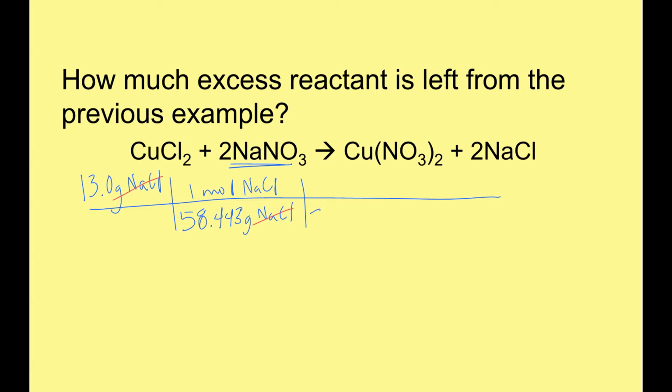I have 2 moles of NaCl, and I have 2 moles of NaNO3. Again, units, moles of NaCl cancel. And then our last step is to multiply the mass from the periodic table.